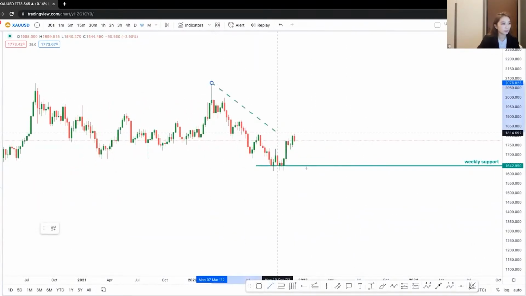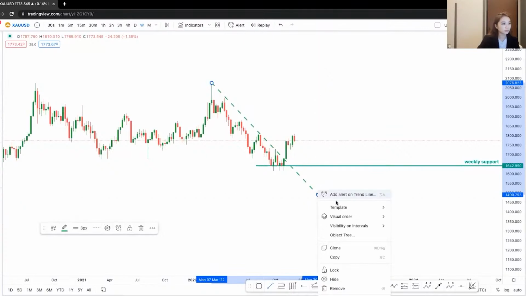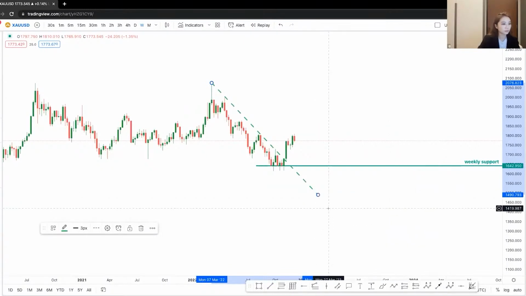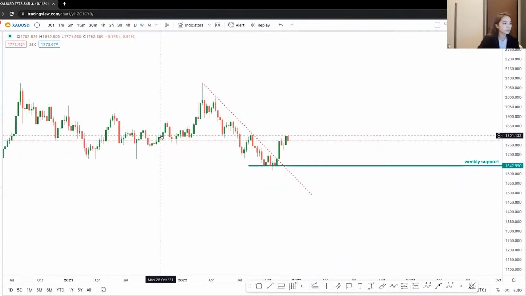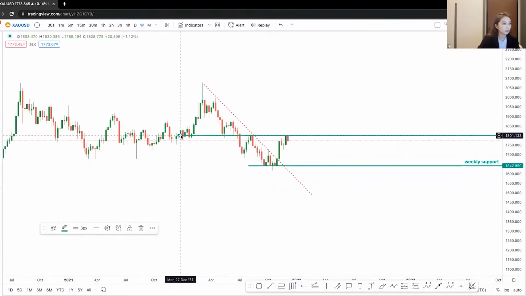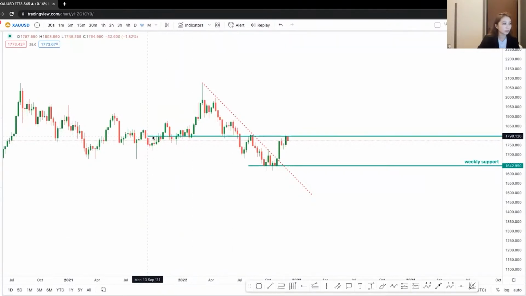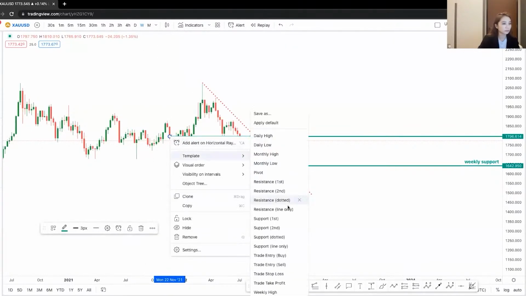Previously it was on a downward movement. Possible support and resistance blockage. So it's a support turn resistance moment.